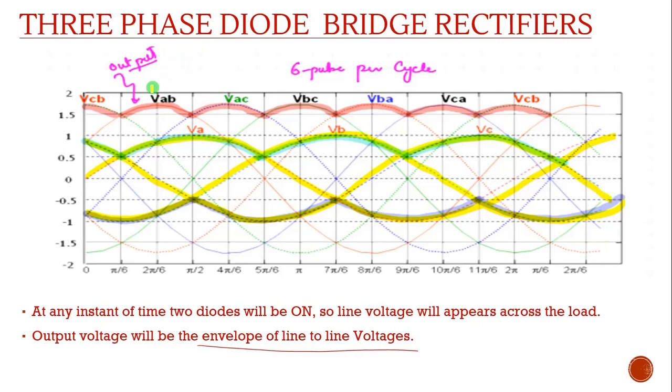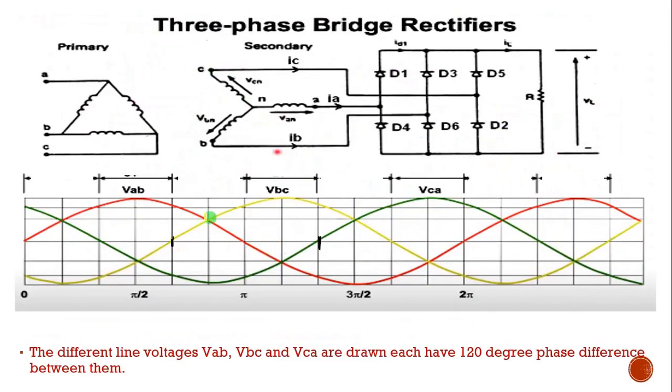So we'll be getting output voltage as envelope of line voltage, not the phase voltage. That we can see in a slide, where I am drawing the three line voltages. First one is VAB, not phase voltage. I am drawing the line voltage. Now the second one is VBC, that is here, and the third one is VCA.